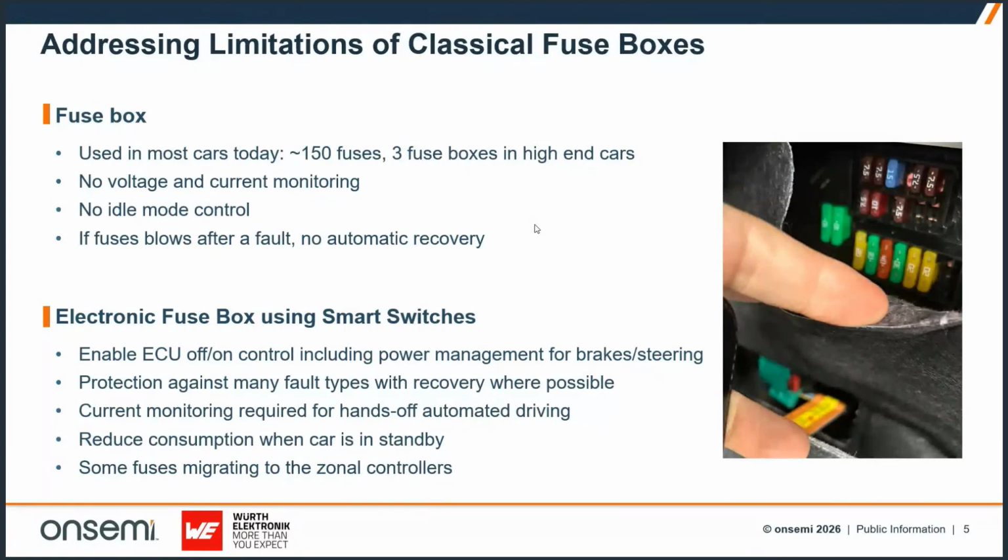Then one of the really important things in power management is powering brakes and steering. If you have X-by-wire systems, it's important to make sure that you have enough energy left to do the braking and steering if there's a fault. Let's say you've got an electric car with your 2 kilowatt heater or climate control on, depending on how hot it is outside, right?